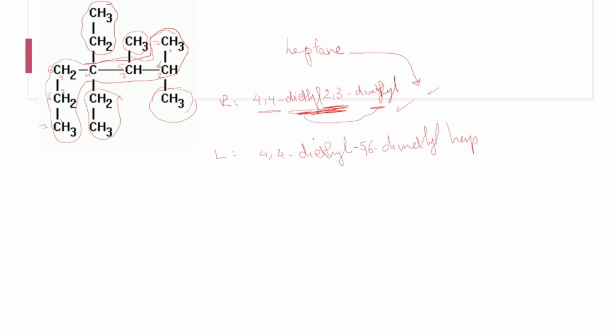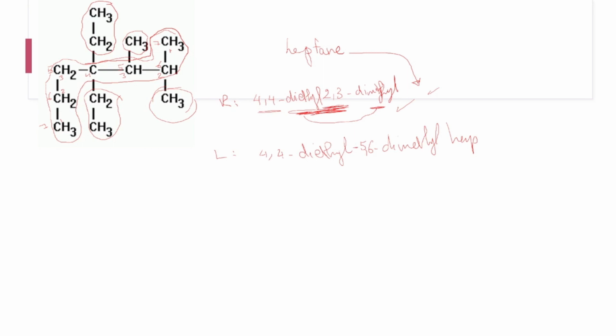So now let's revise the IUPAC rules which we are applying right now. Until now, we first select the longest carbon chain. Each time I name a compound, I select the longest carbon chain. Then I number the carbons, but I should first check whether to start the numbering from the left hand side or right hand side.